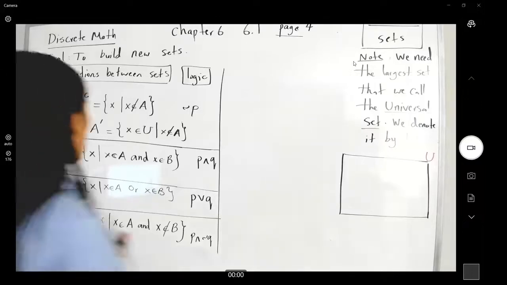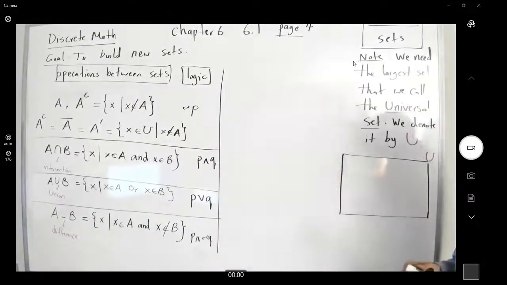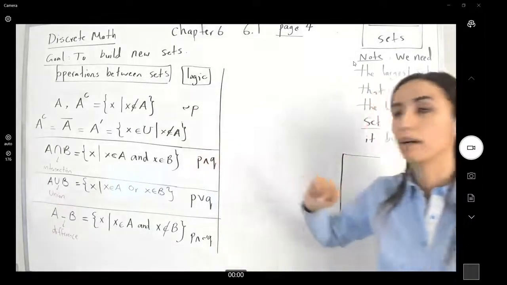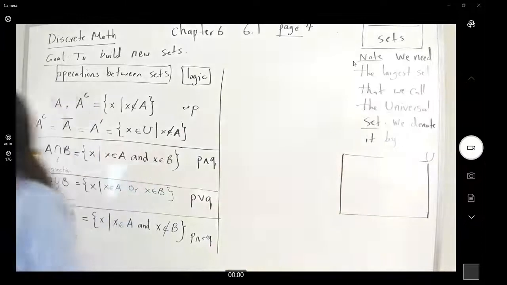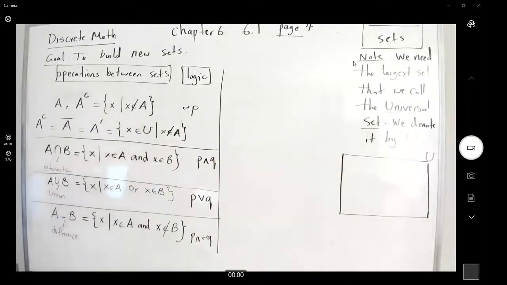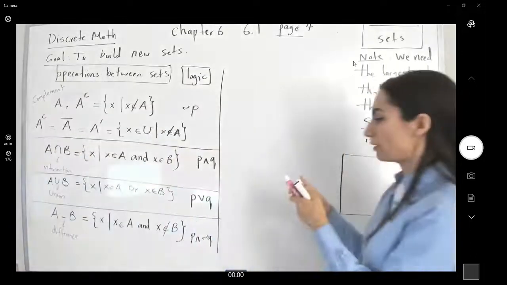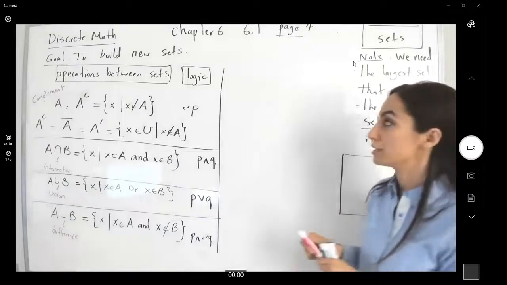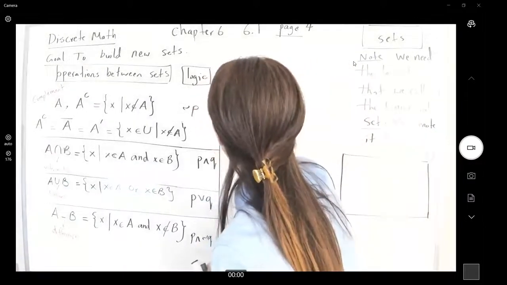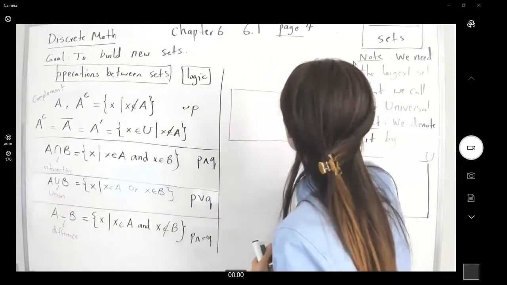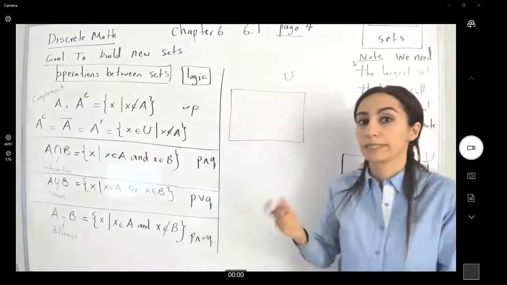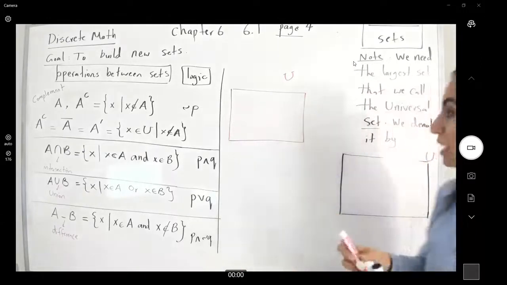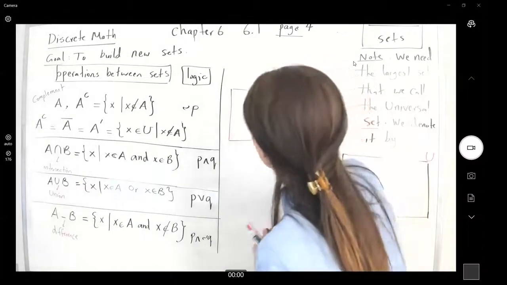Well, can we visualize these? Of course, why not? For the first one, the complement of the set. Remember that when you're working with the complement of the set, you definitely need to identify your universal set. So this is your universal set, whatever it is. It might be R, it might be complex numbers, that depends.